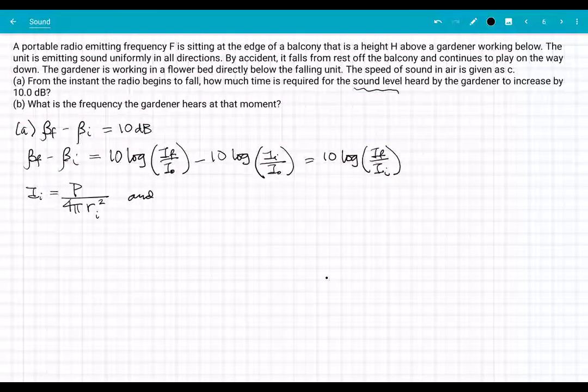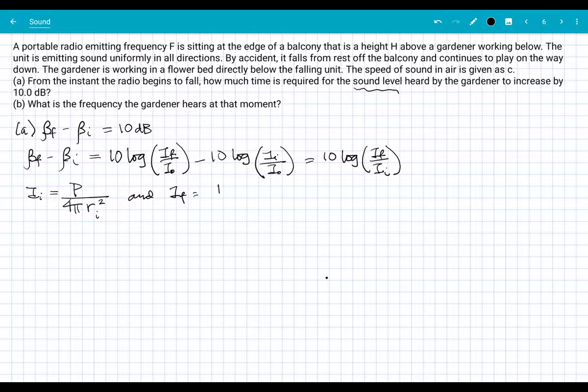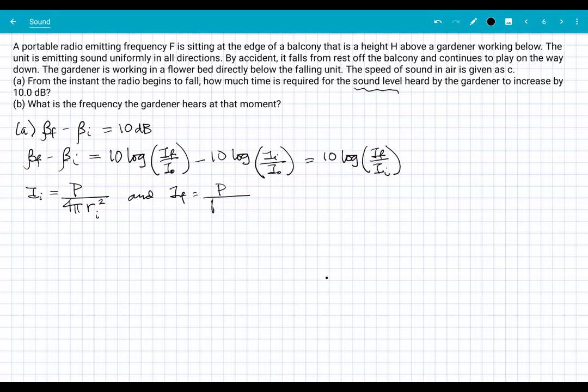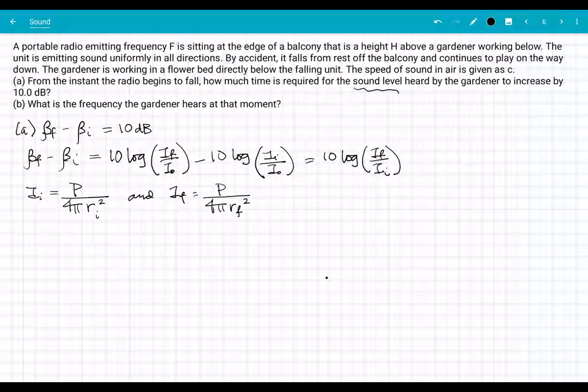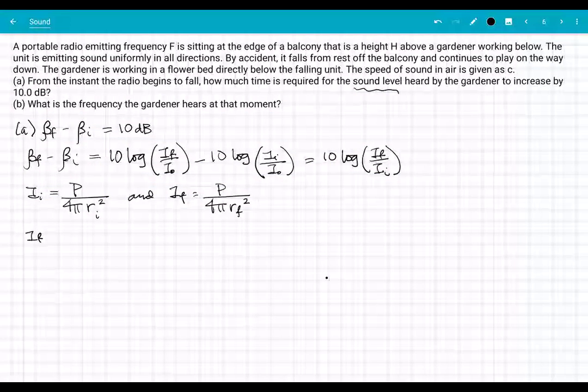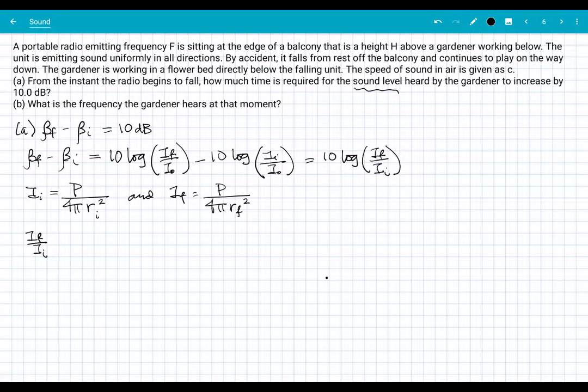Let's see, and I final, I can write out as power, the radio's power is just a constant here, over 4 pi r final squared. Okay, so I final over I initial, I can write as r initial squared over r final squared.